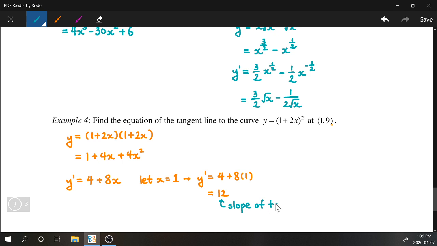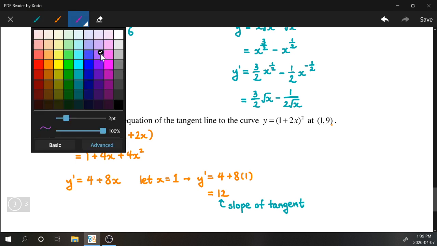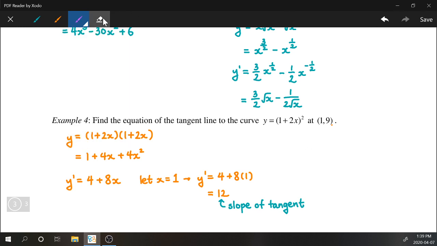And then finally, you are already given the point, so this next part is a little bit easier. We have the tangent line, of course, is y minus y1 is equal to m times x minus x1.